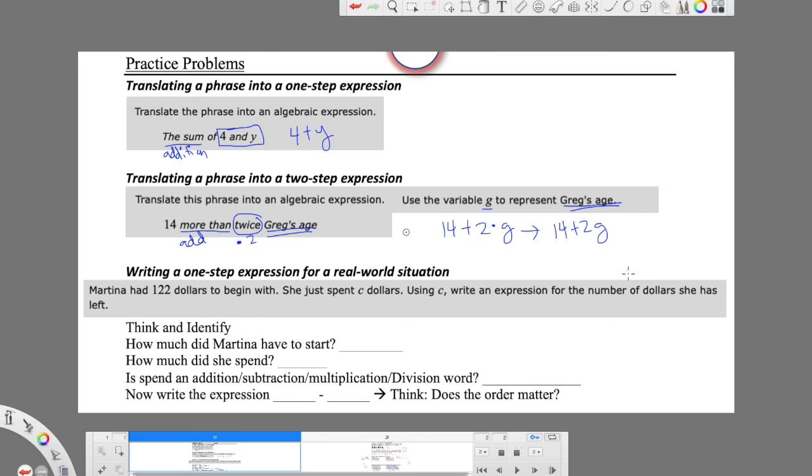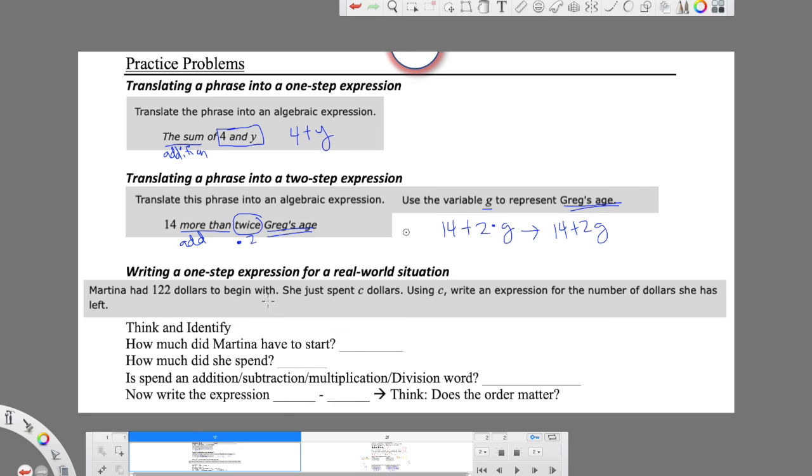All right, and then the very last one here. First we're going to translate it, and then, I believe, are we going to solve it? Nope, we're not going to solve this one because they don't give us the full information to solve. So Martina had $122 to begin with, so we know what she's starting with.